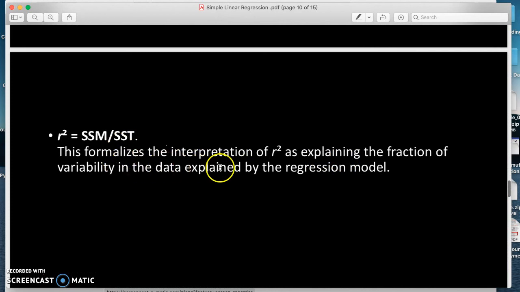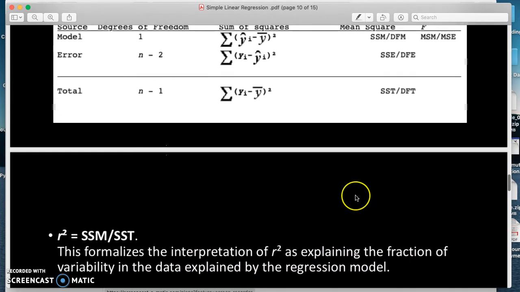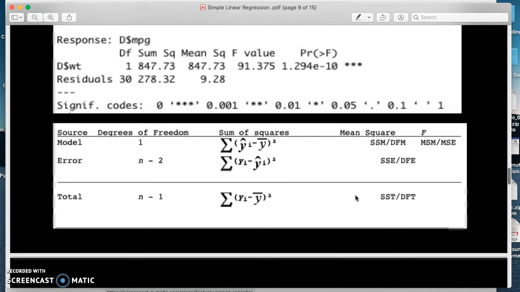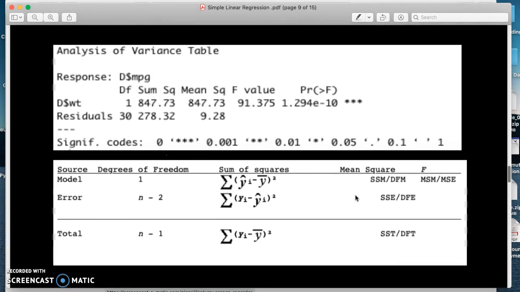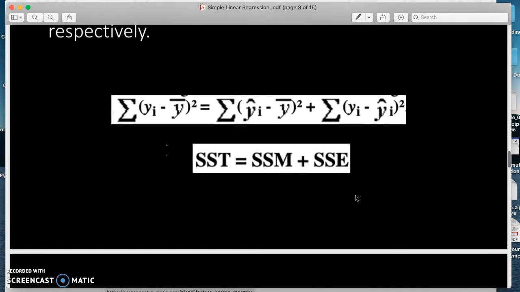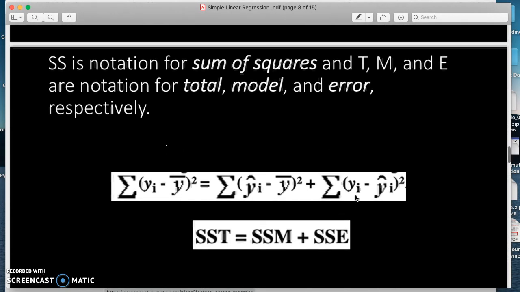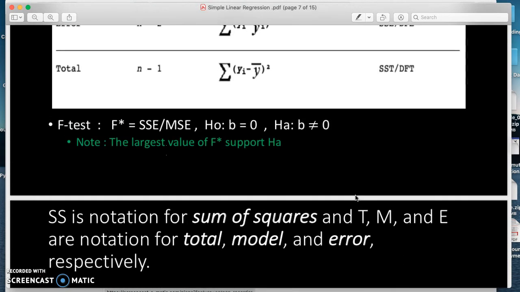Also, we have the R-squared, which is used to explain the fraction of variability in the data explained by the regression model. But I was mainly focusing on how to test if the coefficients of the model are significant or not, how to test if there's a significant relationship between the variables or not. I think we did a good job here by explaining exactly what we need.